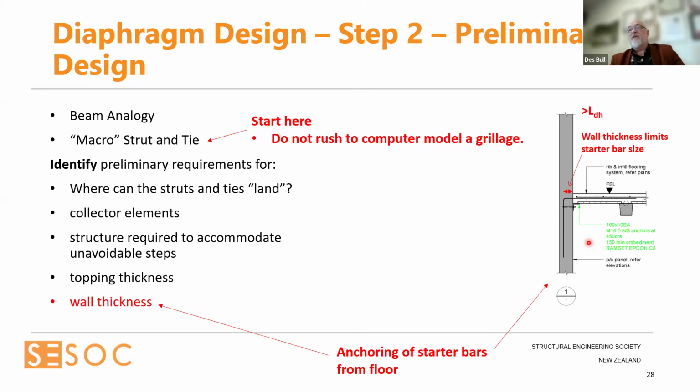Because the biggest problem we usually find happens at the end of the design. Someone goes to put their starter bars in, their HD16 starter bars, and they don't have enough wall thickness. So you might want to think about what my starter bars are likely to be, what my collector bars are likely to be. That will affect your wall thickness. You want to sort that out at the beginning of the design, not at the end.